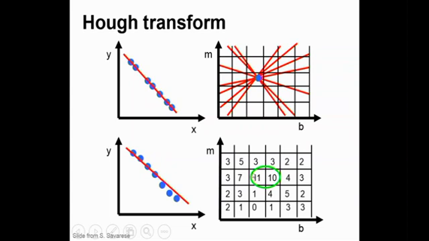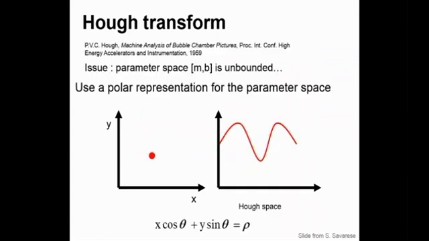One problem with this form of the linear Hough transform is that you can't really deal with vertical lines, because the y equals mx plus b form isn't great for that: the slope goes to infinity and you can't grid up to infinity. So in practice, if people are using the Hough transform for line fitting, which is one of the original applications, they use a different representation for the parameters of the line.